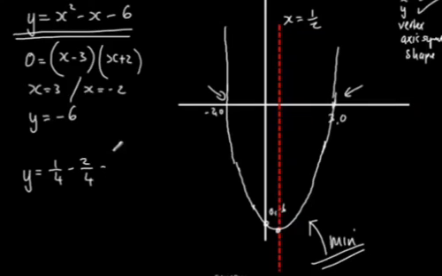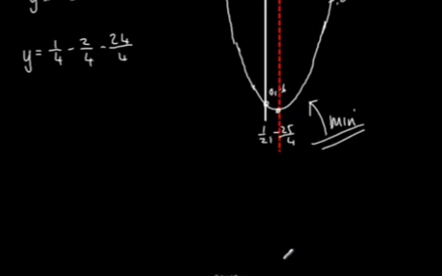Then we're going to have minus the 6, which is 24/4. So that's going to give me minus 25/4. So this point right here is going to be 1/2, comma, negative 25/4. So that's what we get.